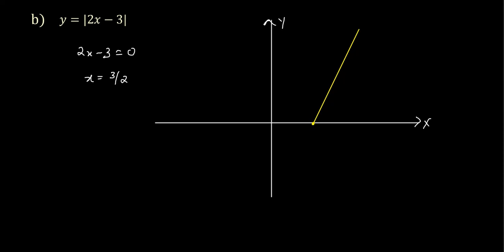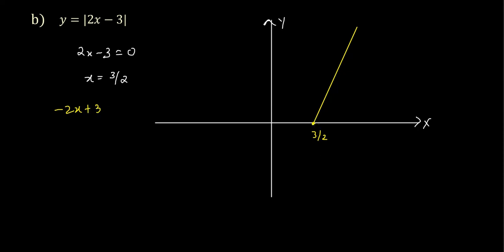So let us sketch this straight line. Let us increase the gradient from 1 to 2, so it should not look like 45 degrees. So let us say this is our 2x minus 3 for the values which are greater than 3 by 2. And the second graph will be of minus 2x plus 3, because we have to attach a negative sign. So slope will be negative of this slope, which is minus 2, and y-intercept has to be plus 3.